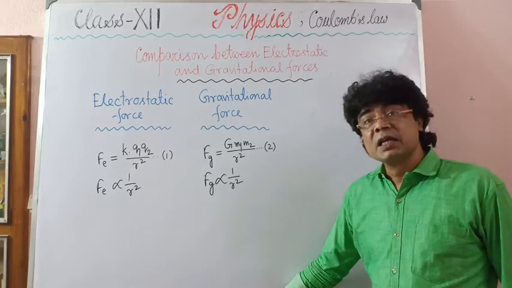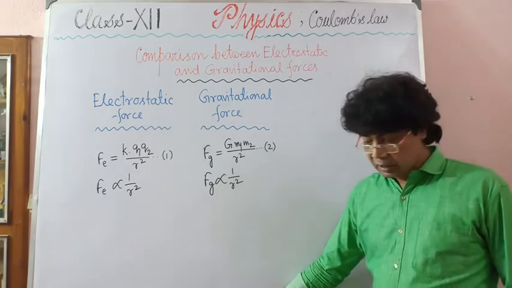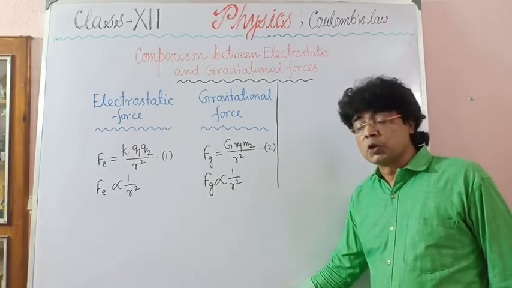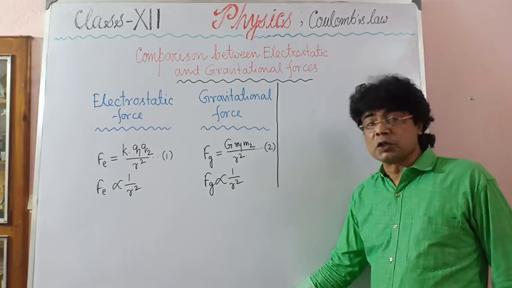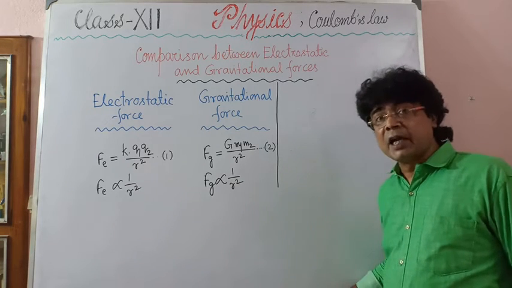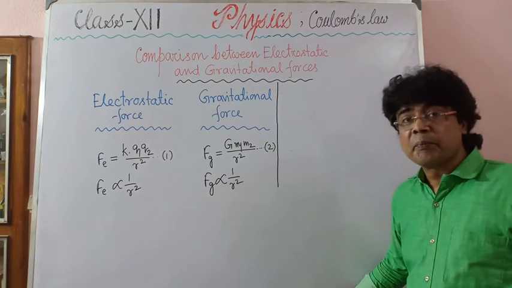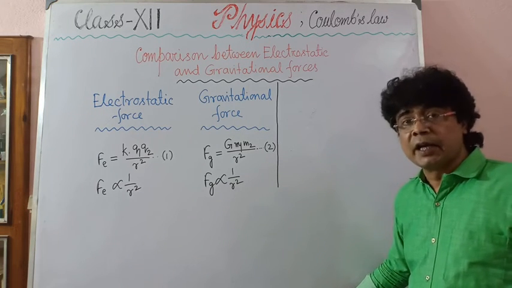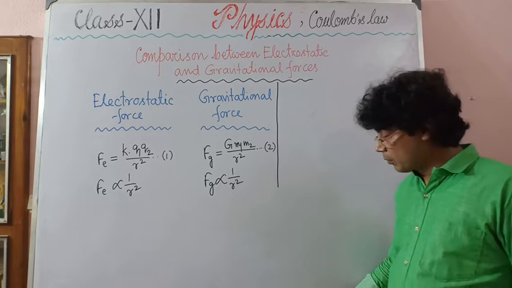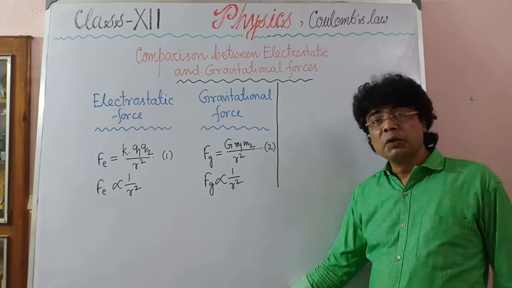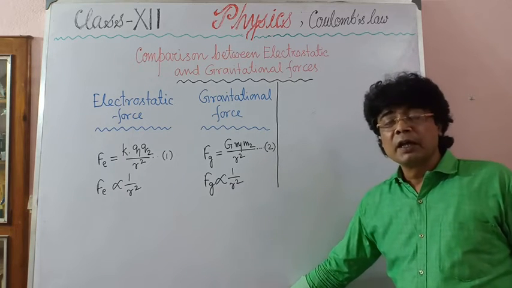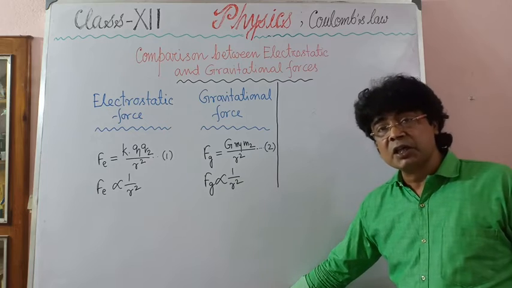Let's discuss an example. Suppose two electrons separated by a distance r and situated in vacuum. We know electron is a negatively charged particle.